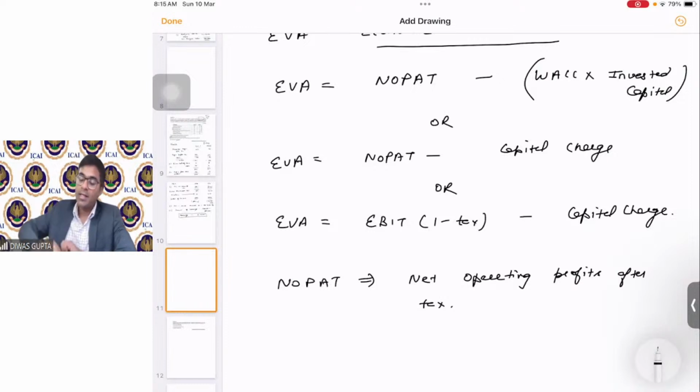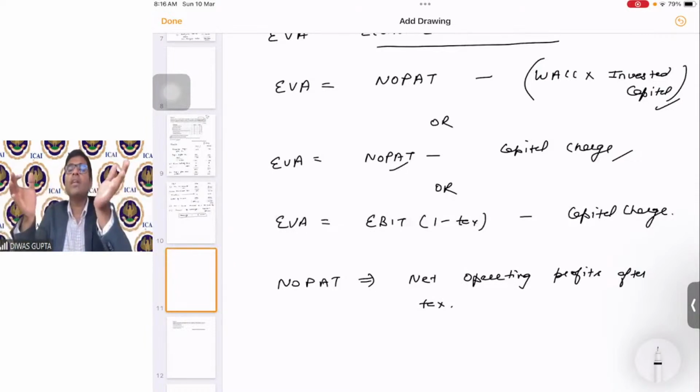Since the capital charge is on the overall capital, we have not excluded interest from the NOPAT. We have included interest here as well as in the capital charge, just to give us the overall EVA on the overall investment. Understood? Why are we not adjusting for interest?